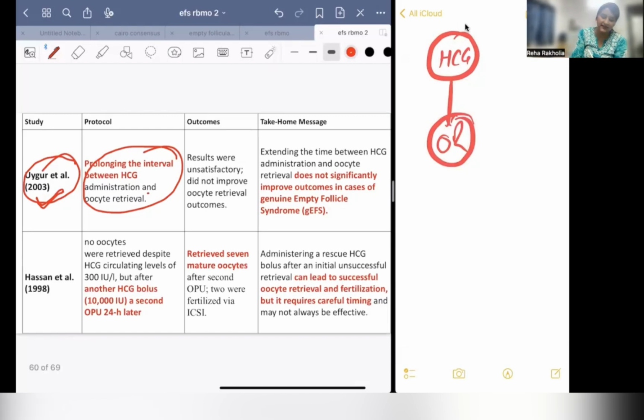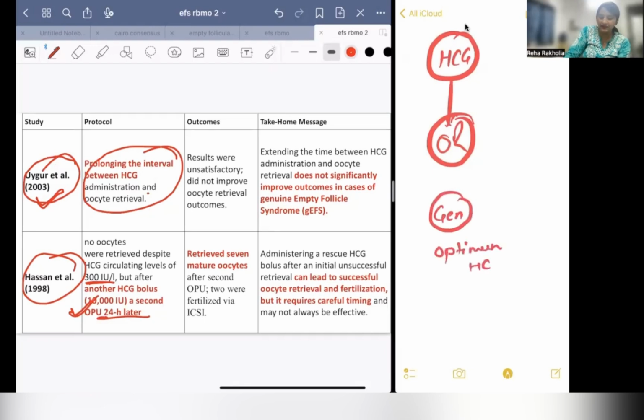Second study is Hessen et al. No oocytes were retrieved despite an HCG circulating level of 300 international units per liter. This is genuine empty follicular syndrome: even after an optimum HCG level, no oocyte was retrieved.